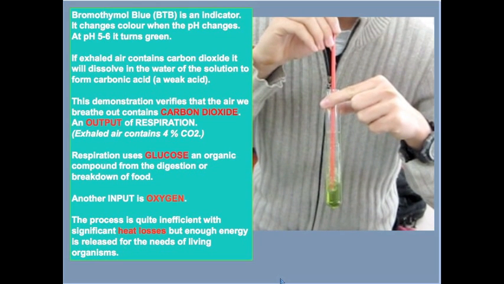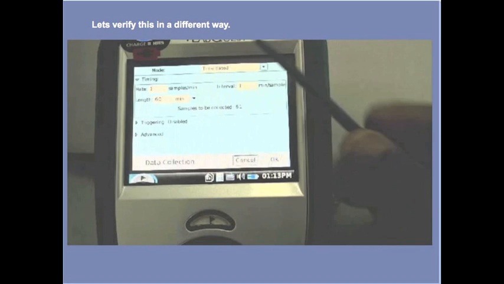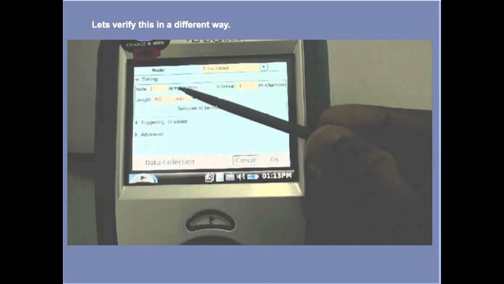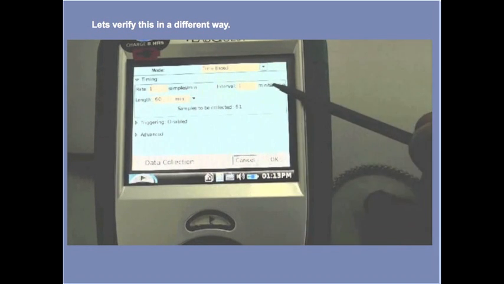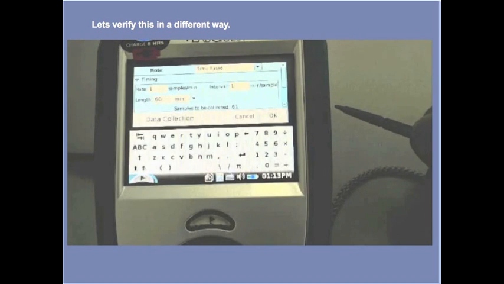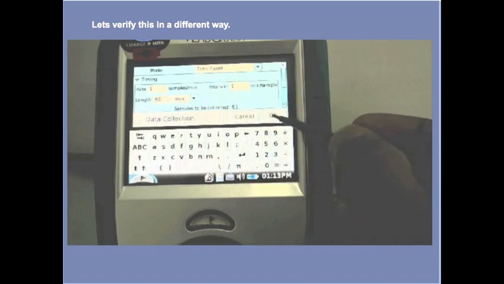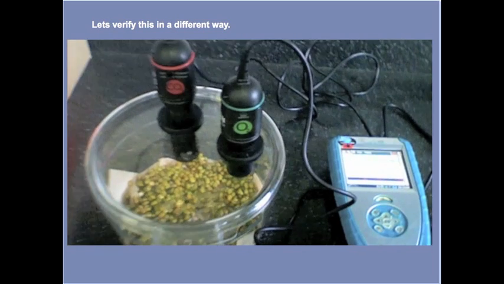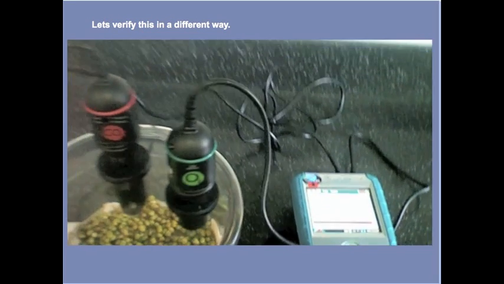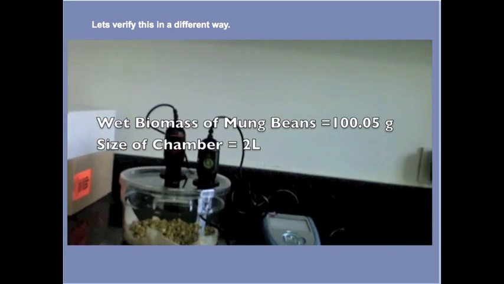So let's verify this now in a different way. This time using germinating mung beans, and we have our beans set up in a biochamber, which allows us to monitor the rate of consumption of oxygen and the rate of production of carbon dioxide. Oxygen, of course, is an input of respiration, and carbon dioxide is an output of the process.